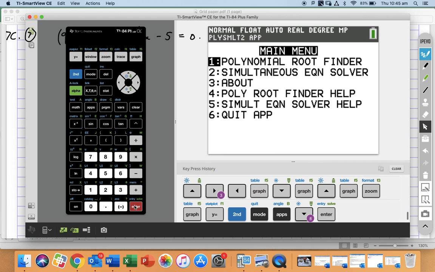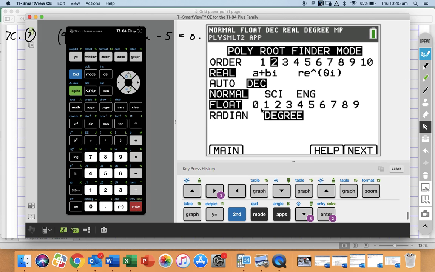Press enter. All right, we've got a polynomial equation here. A quadratic counts as a polynomial. And our order is 2 because we have an x squared. I often call this degree 2 or order 2.